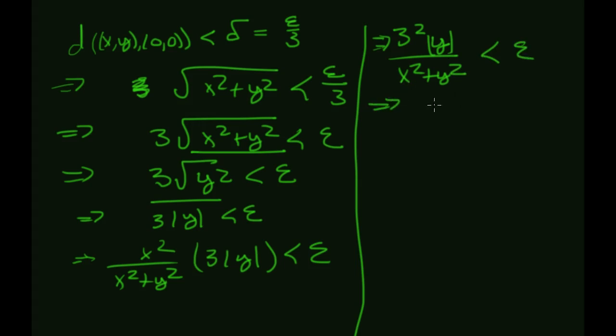Oh, sorry, there's an x there. This is all positive, so this is the same as the absolute value of 3x squared y over x squared plus y squared, and I don't need the absolute value anymore.